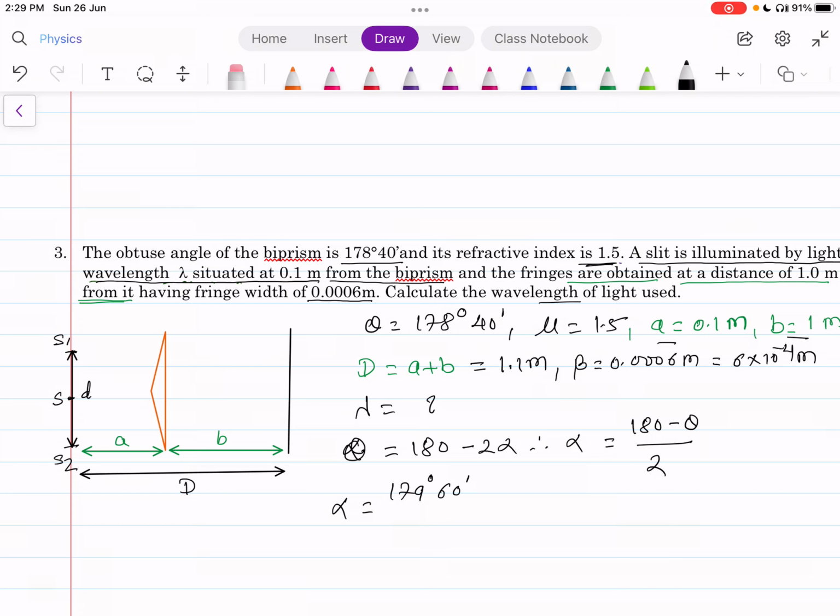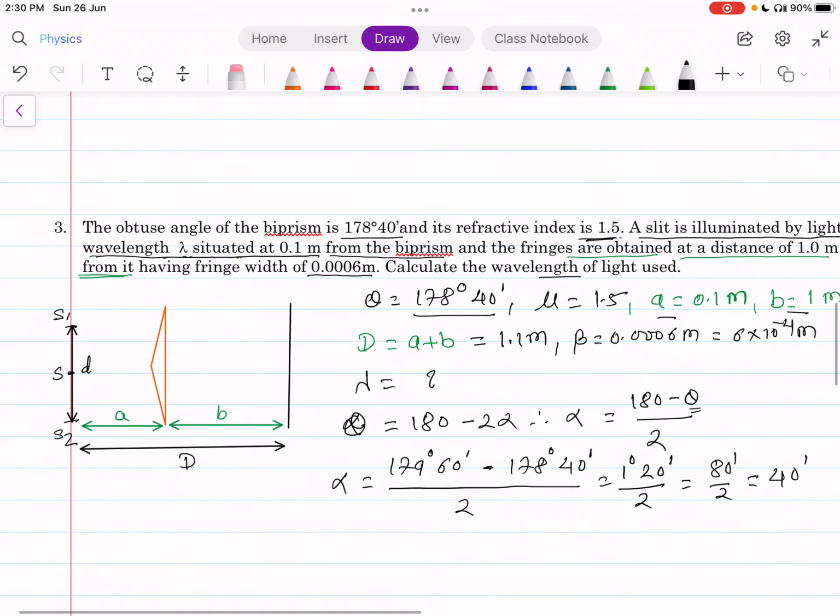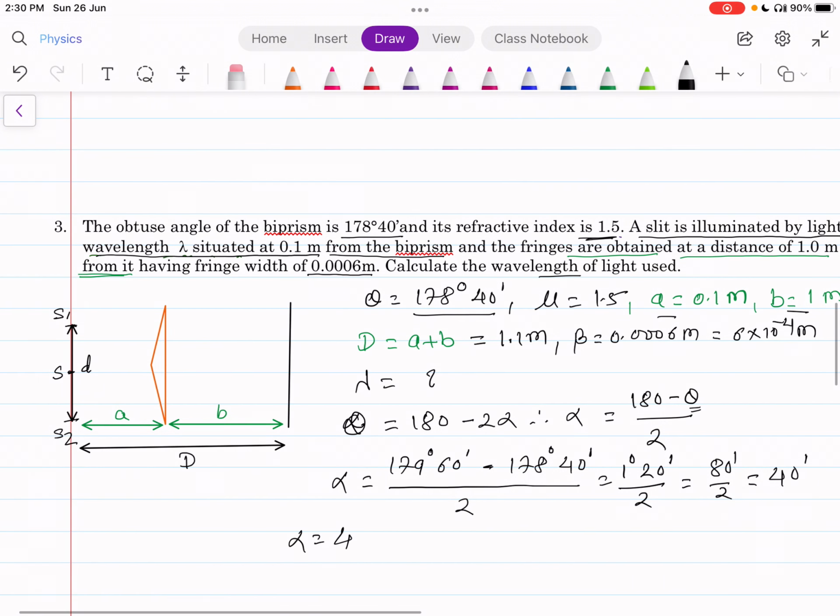That is, 180 degree minus theta is 1 degree 20 minutes, divided by 2. 1 degree 20 minutes is 80 minutes, divided by 2, which is equal to 40 minutes. So alpha is 40 minutes.